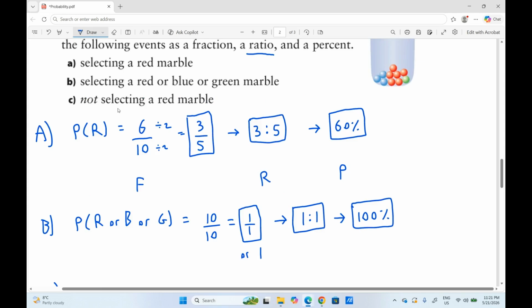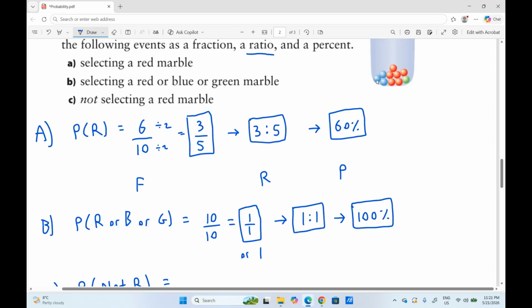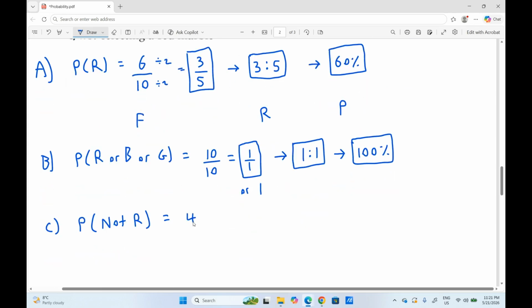Okay, now for C. The probability of not selecting a red marble. So the probability of not red, so not R. Well, how many marbles are not red? I got 3 blues and 1 green. So technically speaking, 4 marbles are not red, and I got a total of 10 marbles. So my probability should just be, as a fraction, 4 over 10.